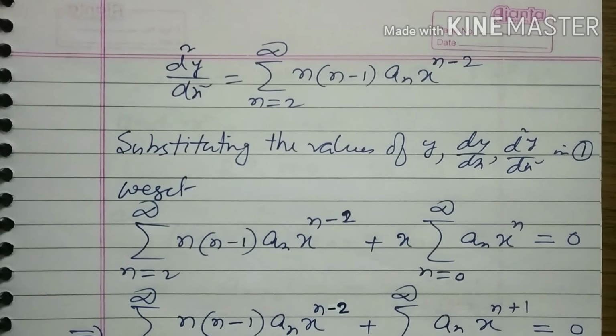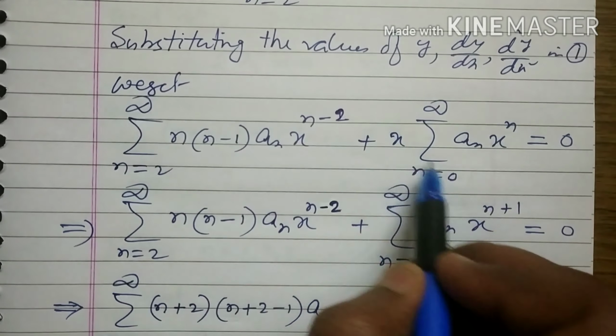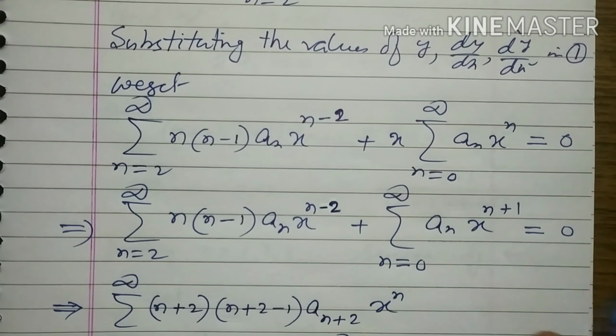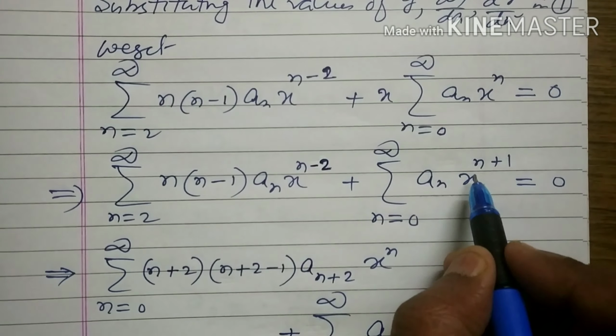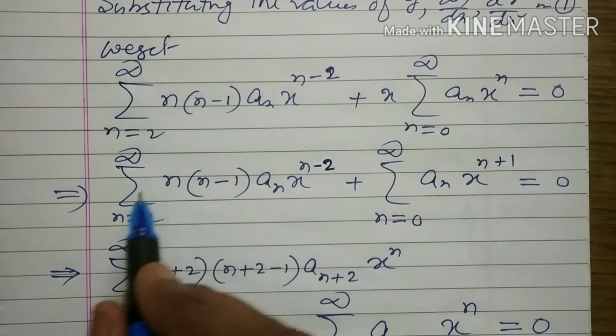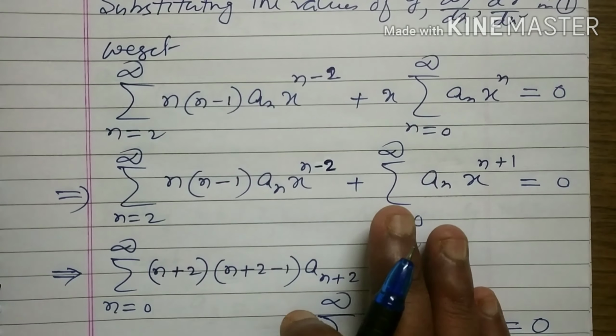Now substitute all these values, y, dy/dx and d2y/dx square, in equation number 1: the second order derivative term, and x into y. Now you should multiply with x, that is x to the power n plus 1. So this is the most important line. Try to understand how to rearrange this, very interesting and most important part.